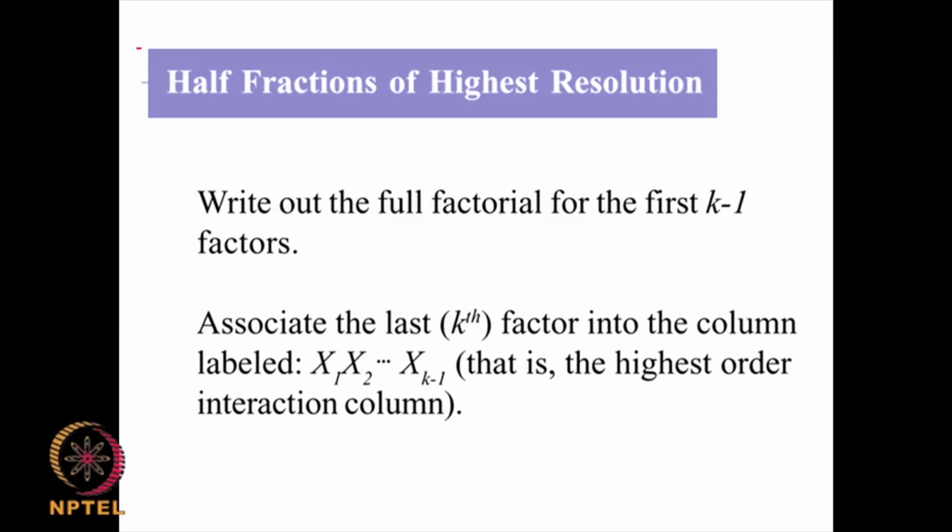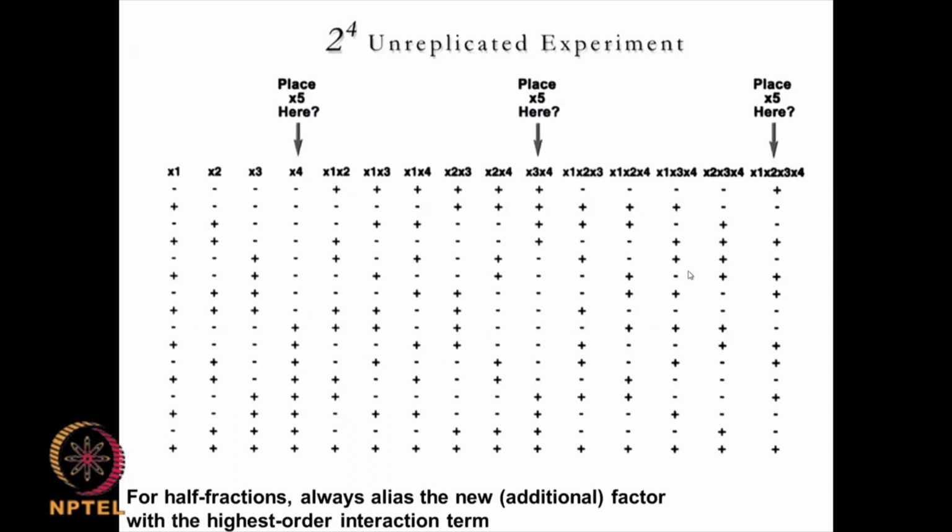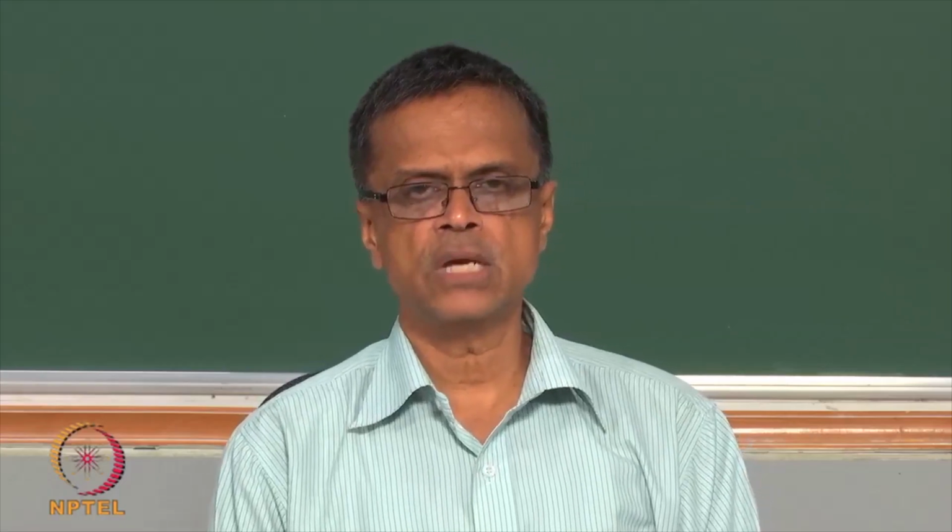Do you understand? So write out the full factorial for the first k minus 1 factors for a half fraction. If I am doing a half fraction of 2 power 4, I will write a 2 power 3 full factorial design. If I am interested in half of 2 power 5, then I will write the 2 power 4 design fully, because half of 2 power 5 is 2 power 4.